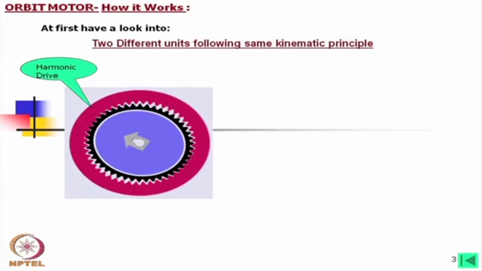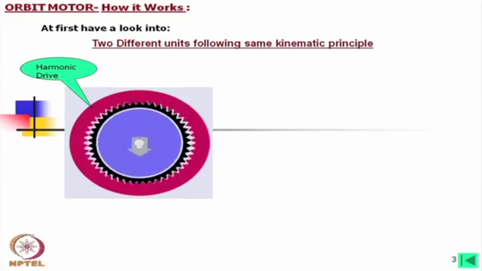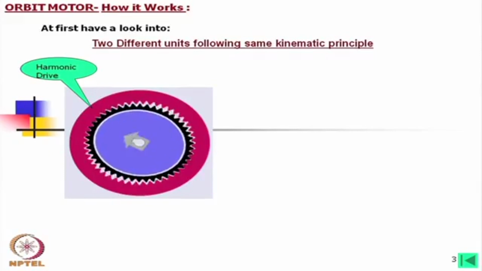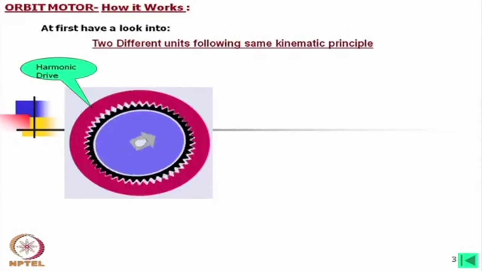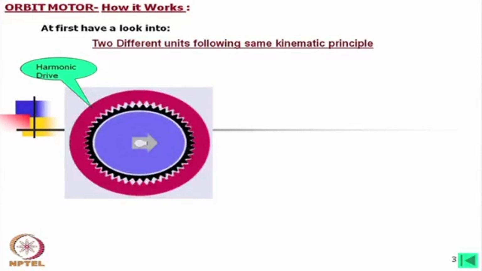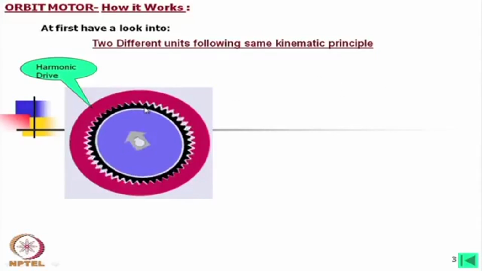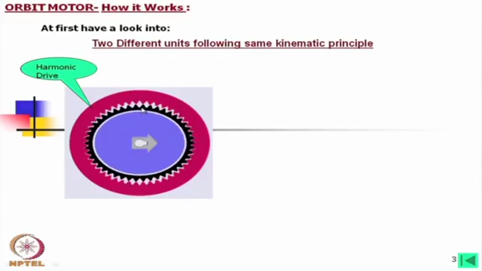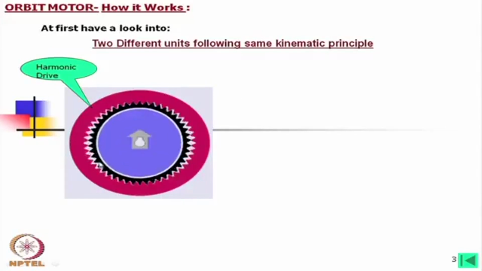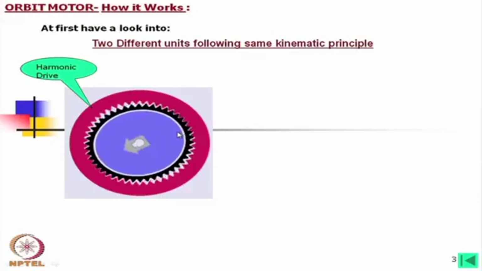Now, this is a harmonic drive, where we find the outer member is fixed, and the inner member, which is a flex gear, is rotated by a cam. If we observe very closely, we will find that this flex gear is rotating at a very slow speed.